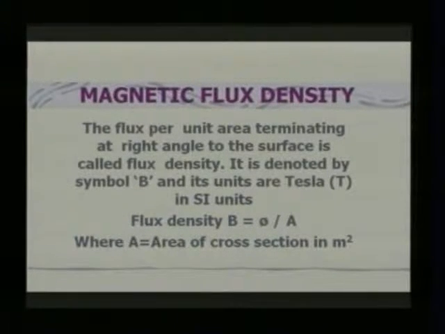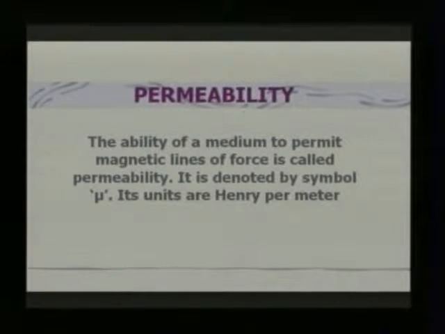Flux density B is given by phi by A, where phi is the magnetic flux and A is the area of cross section in meter square. Permeability. The ability of a medium to permit magnetic lines of force is called permeability. It is denoted by the symbol mu. Its units are Henry per meter.